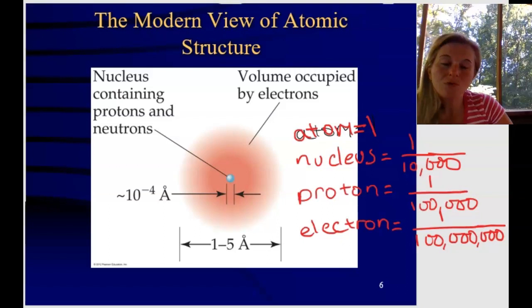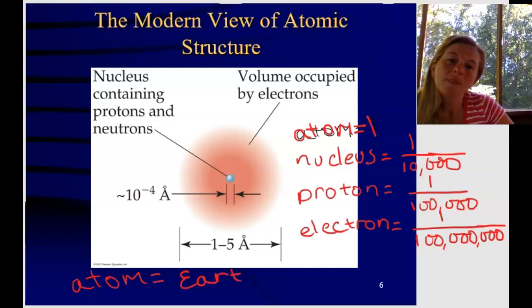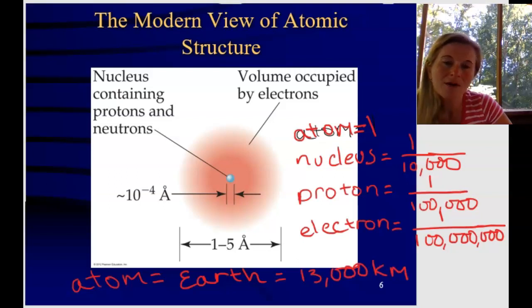I would like you to pause this video and come up with your own analogy of these sizes if you start with an atom equals the size of the Earth. And the Earth is actually 13,000 kilometers. We're using kilometers because we're in the metric system here.